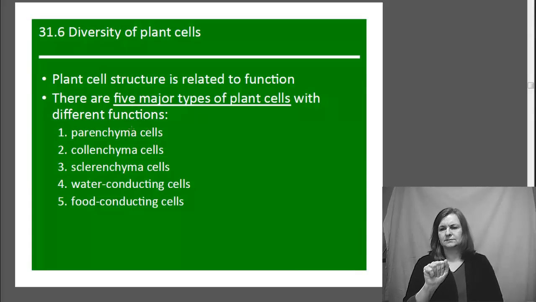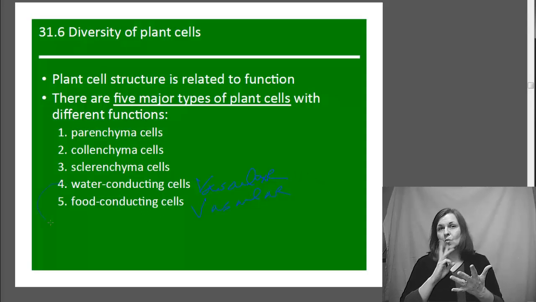Parenchyma cells, collenchyma, sclerenchyma, water conducting cells that we've already talked about as being vascular tissue, and food conducting cells that are also known as vascular tissue.